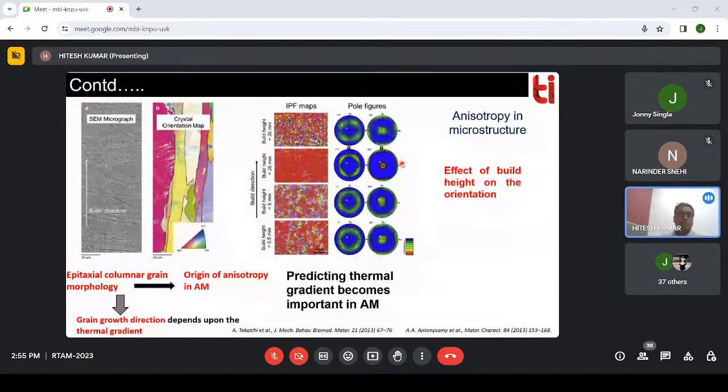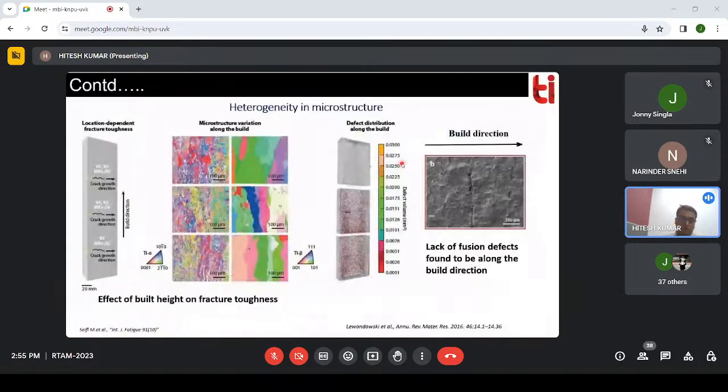This is again one of the good papers in good journals. They also talk about the growth direction, and the location-dependent fracture toughness they calculated.